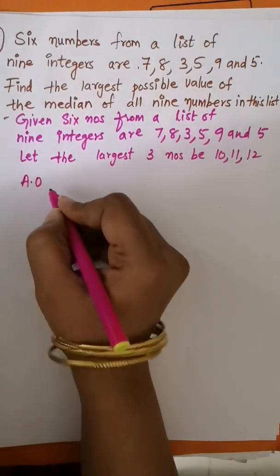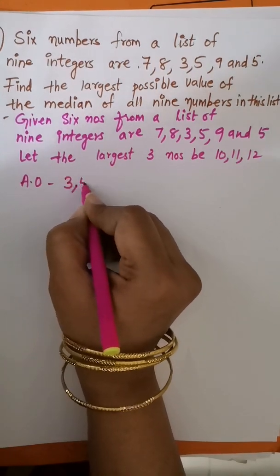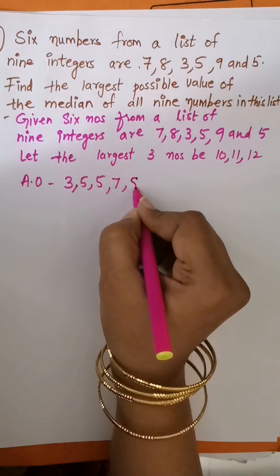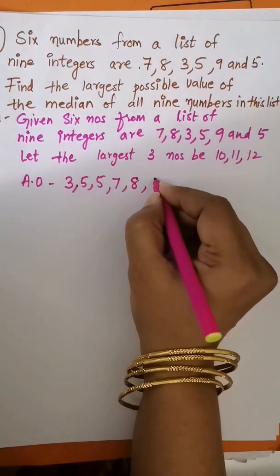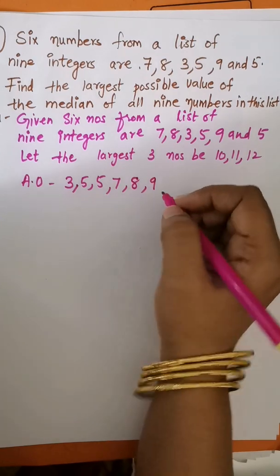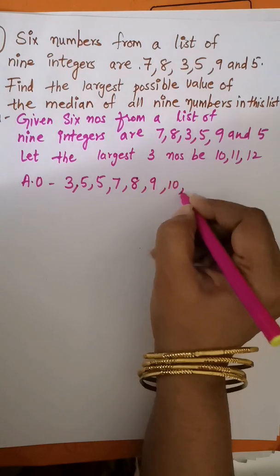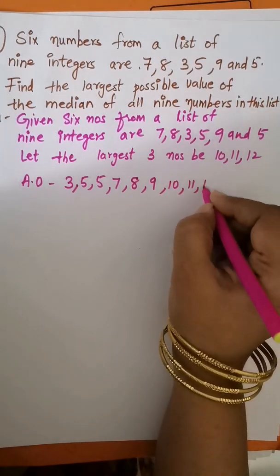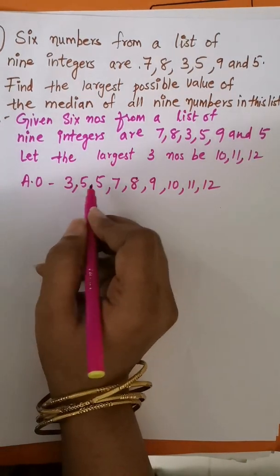So we will arrange it in ascending order. So it will be 3, 5, 5, 7, 8, 9, 10, 11, 12.